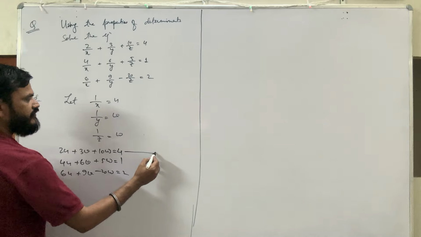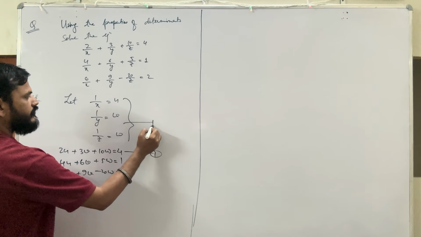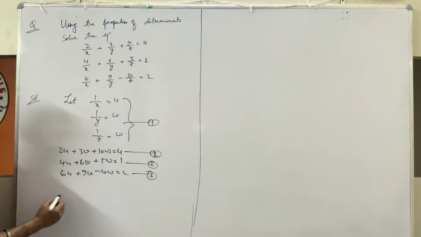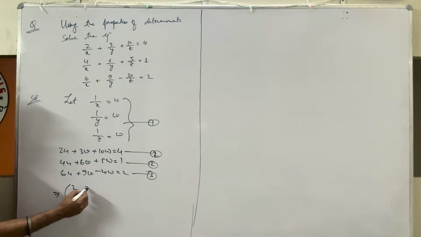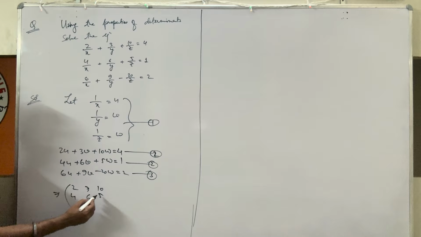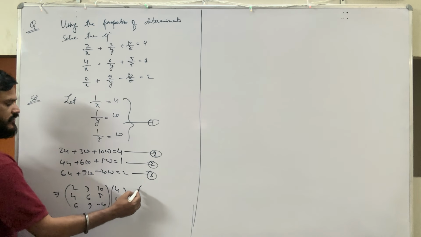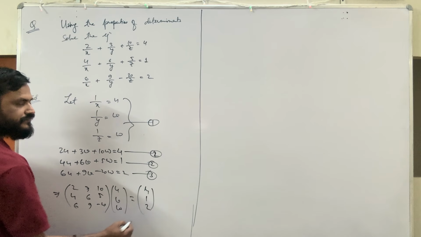Now these equations can be changed into matrix form. We can write it as [2, 3, 10; 4, 6, 5; 6, 9, -20] into [u, v, w] is equal to [4, 1, 2].